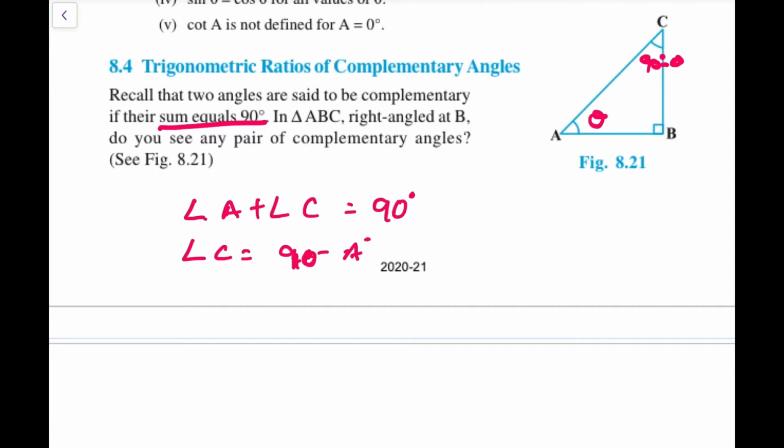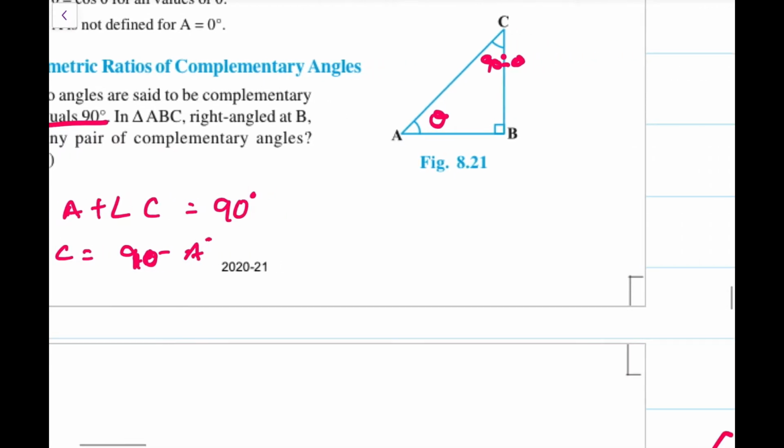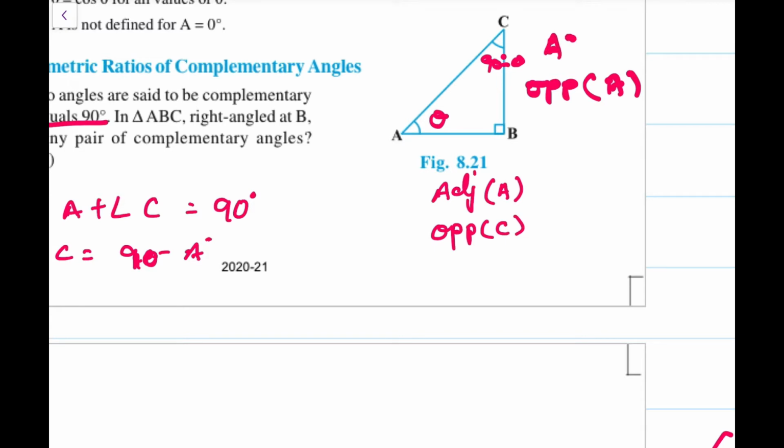Using this, let us find the trigonometric ratios for both the angles. For angle A, this is the opposite side and this is the adjacent side. And for angle C, this is the opposite side and this is the adjacent side.